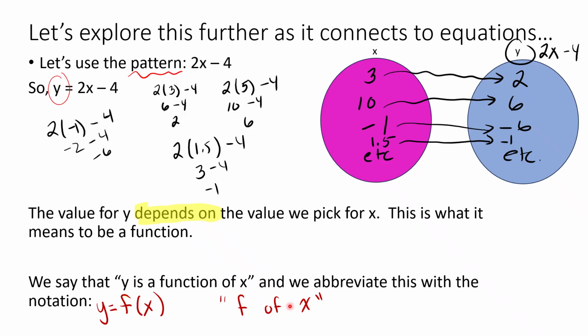And that f of x is a shorthand way of saying function of x, which is a way of expressing this dependence. The y value depends on the x value. This is my dependent variable. This is my independent variable. So y depends on x, y is a function of x, and this is what it looks like.